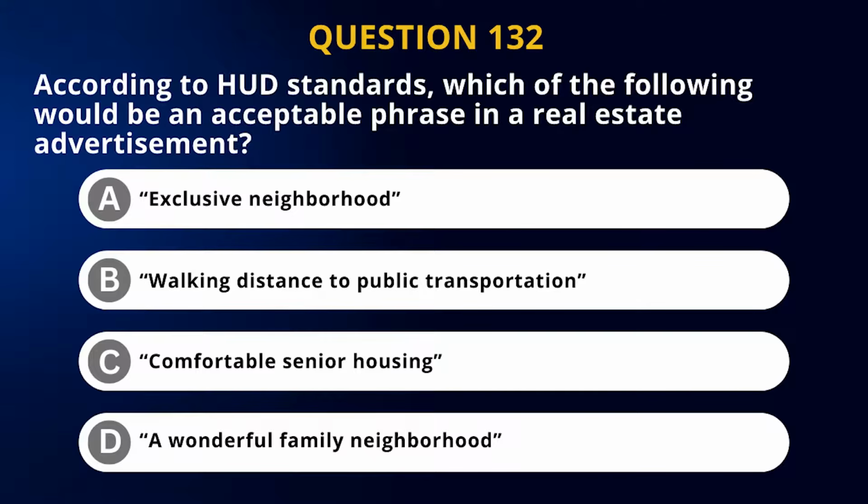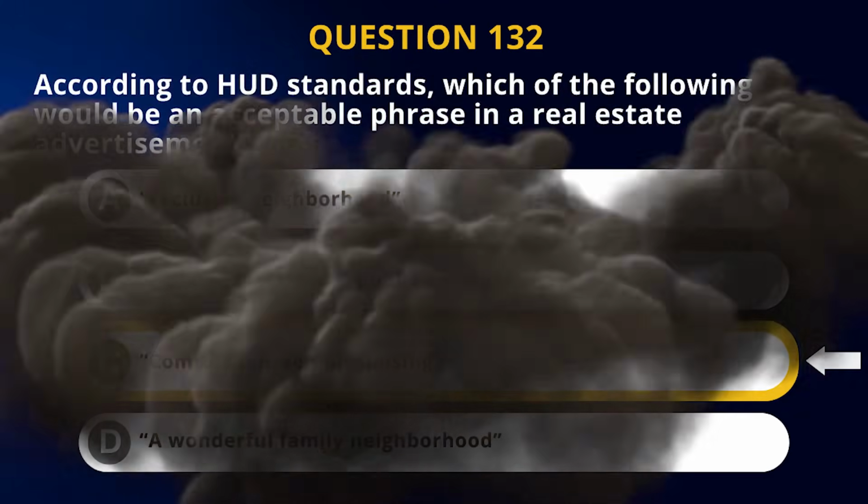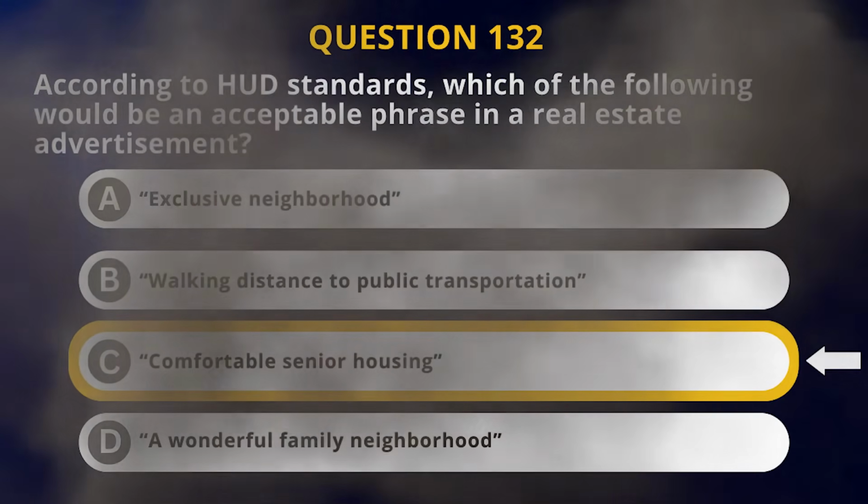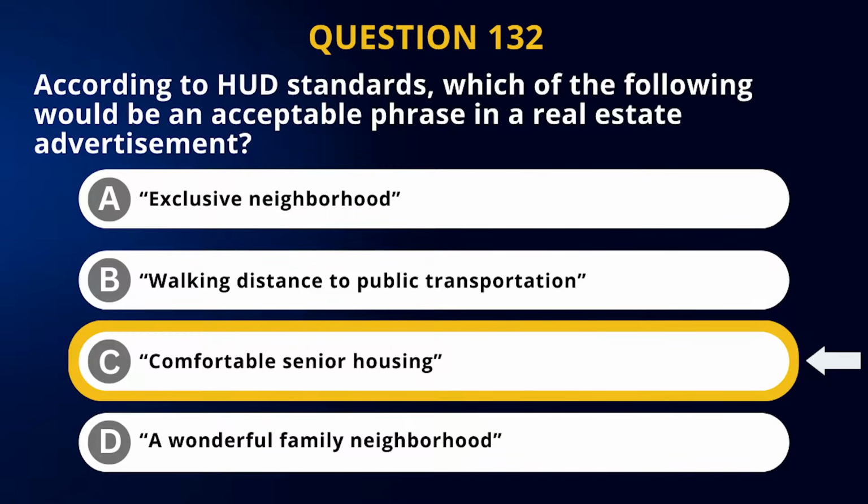And the answer? Letter C, comfortable senior housing. So we can exclusively advertise senior housing. And remember, housing for senior folks is exempt from familial status discrimination. There was also an exemption for senior-specific property, over 55 communities. So we can advertise, okay, to do so, comfortable senior housing.